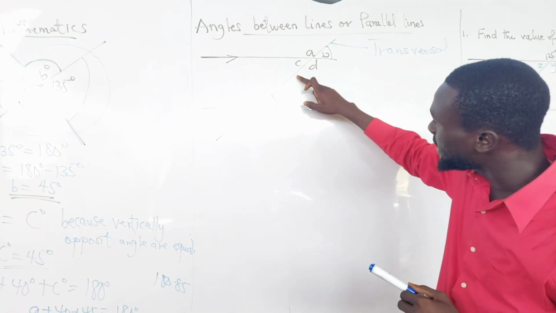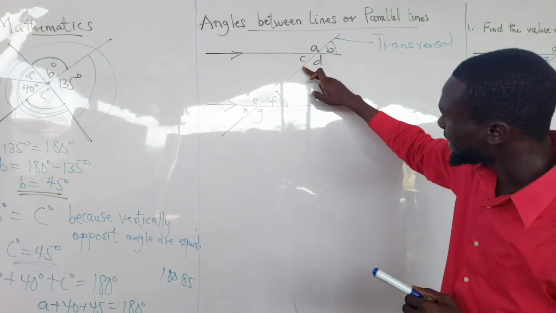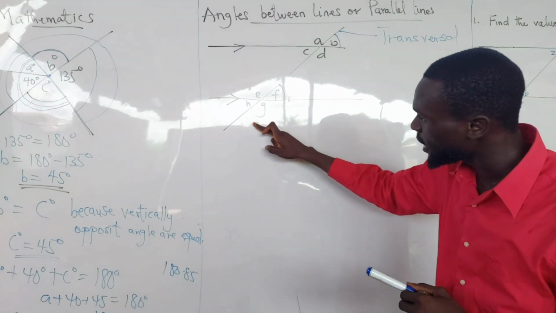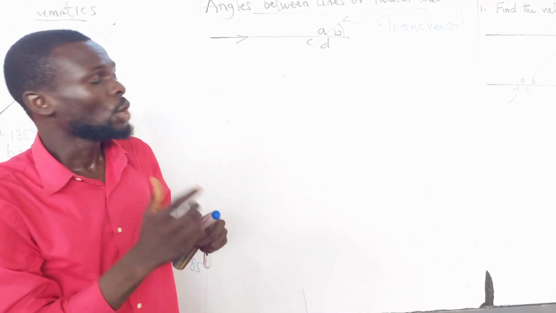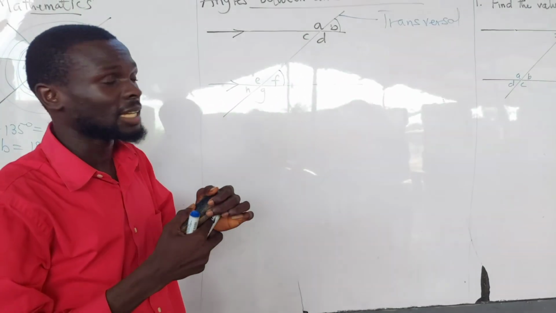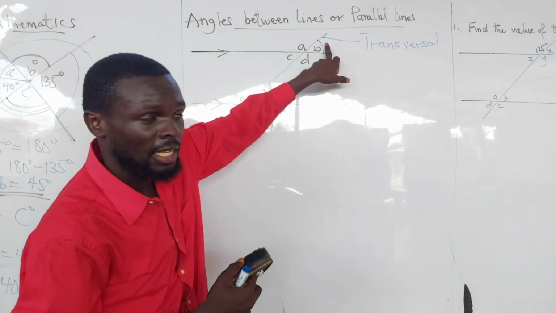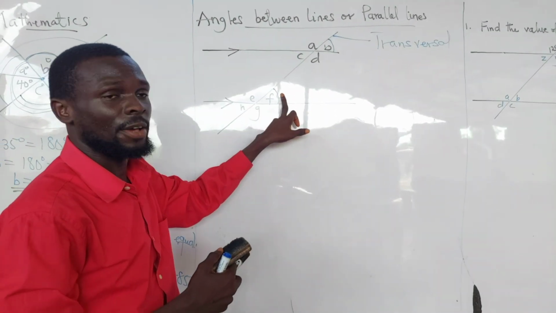Now looking at the D, we can see that the D and the G are also having the same size or shape. So what we say most of the time is that this angle B and this angle F, they are corresponding.